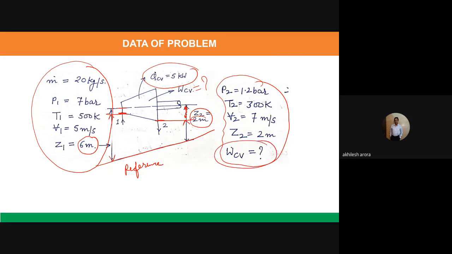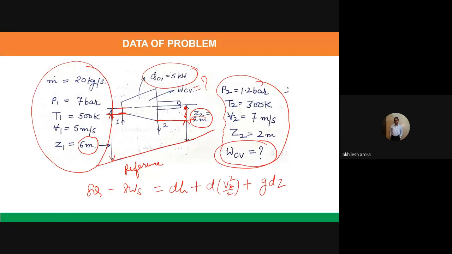Before I go to the solution, I would like to tell you one thing. When we derived the steady flow energy equation for a turbine, this is one of the ways of writing it.